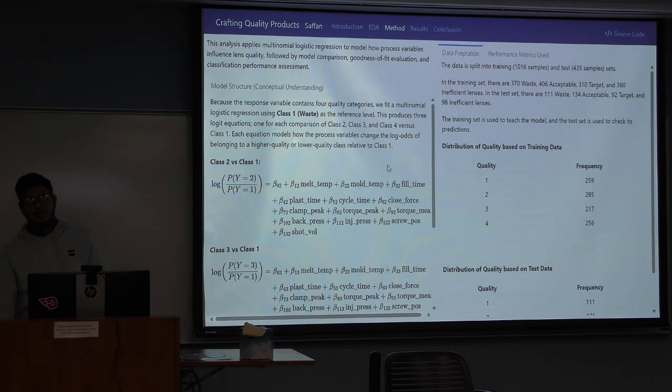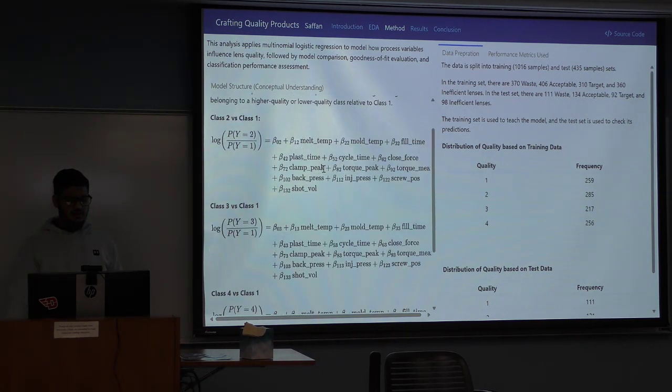The method I used was multinomial regression analysis, as we have 4 class categories. I used class 1 as the baseline to analyze the data, and classes 2, 3, and 4 are the relative levels. For the 13 variables, there was a 70% training data set and a 30% test data set.